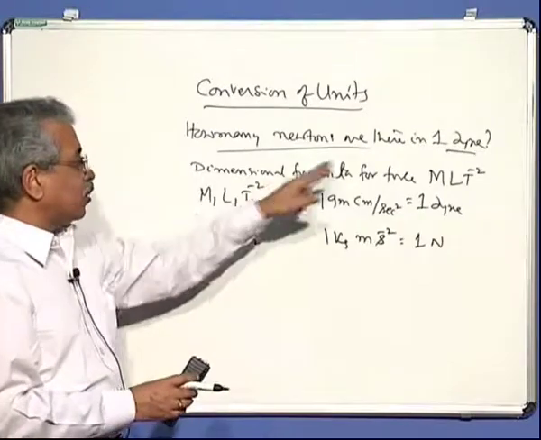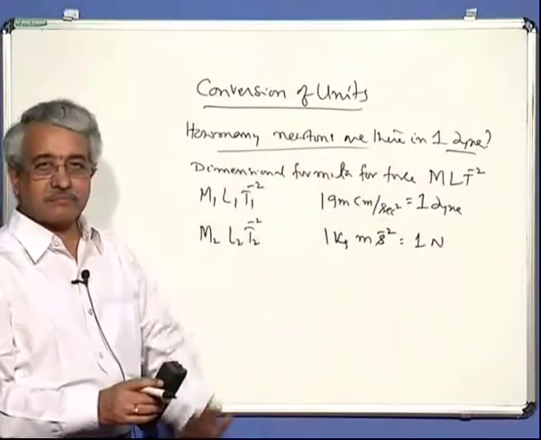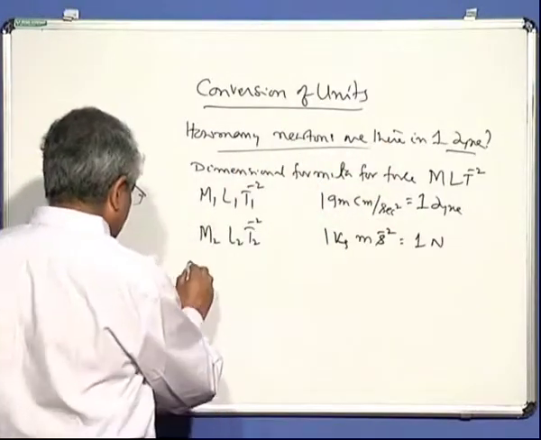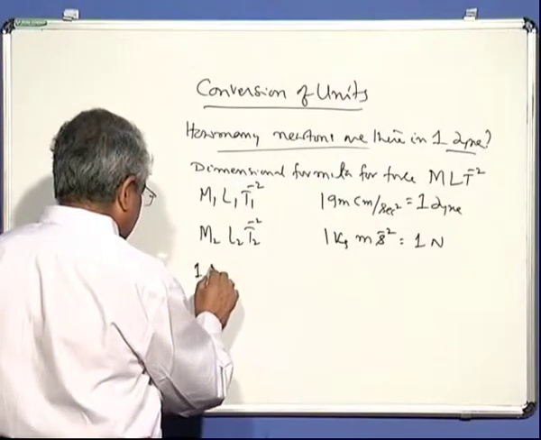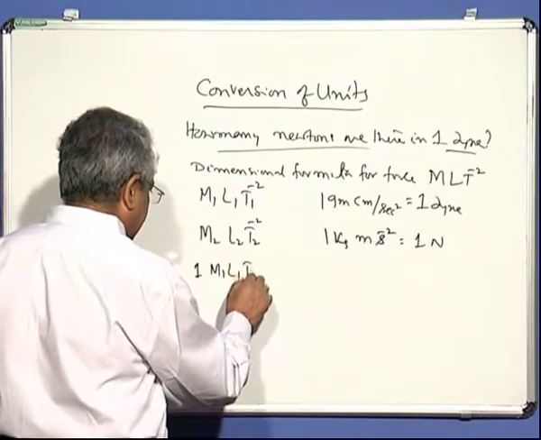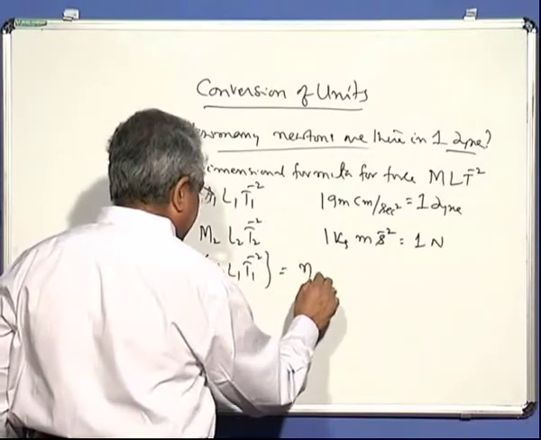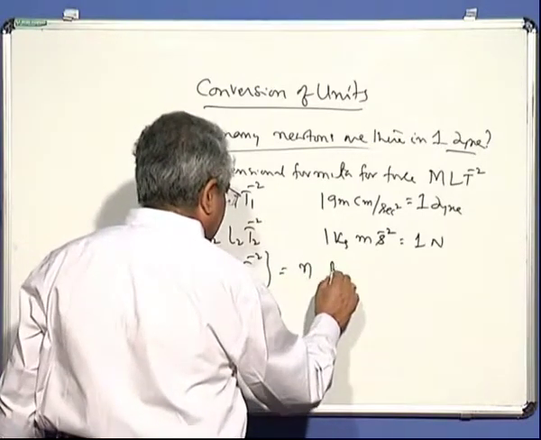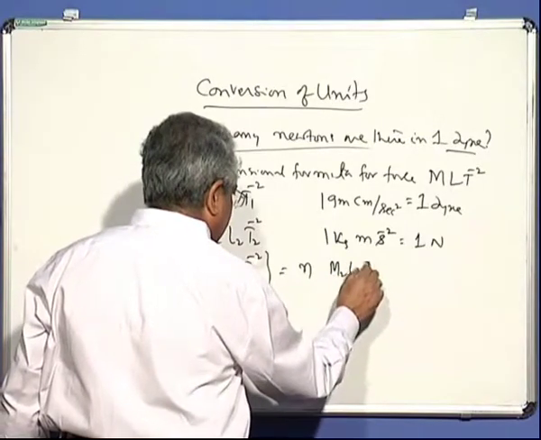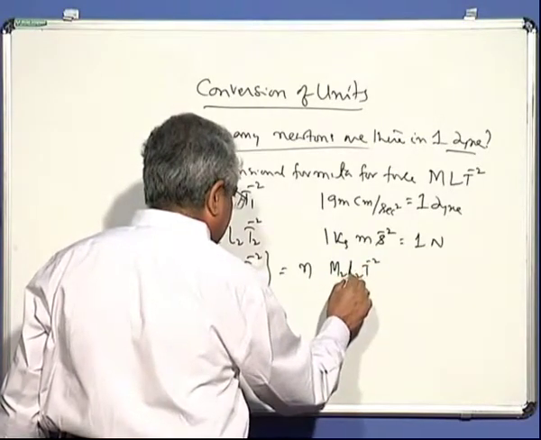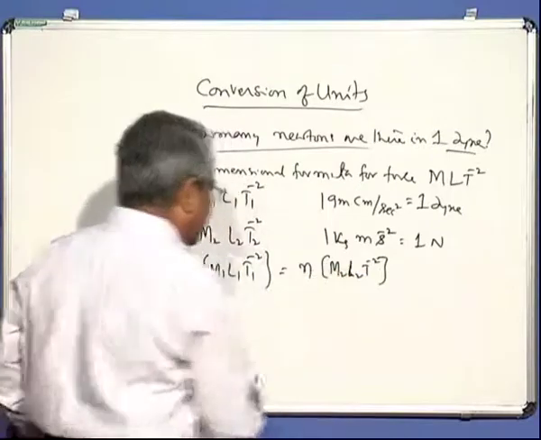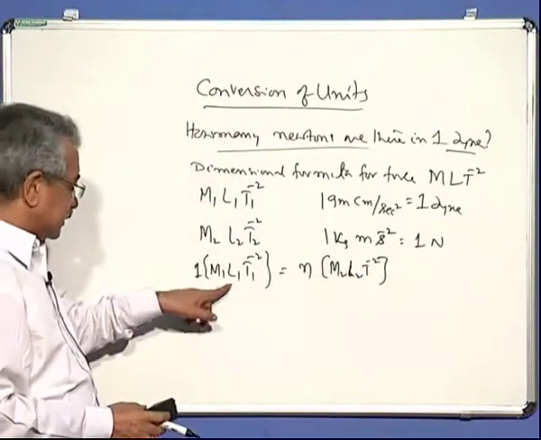We have to find out how many newtons are there in one dyne. So let us say like this: 1 M1 L1 T1 minus 2 is equal to N times M2 L2 T2 minus 2. What does this mean? This means dynes.